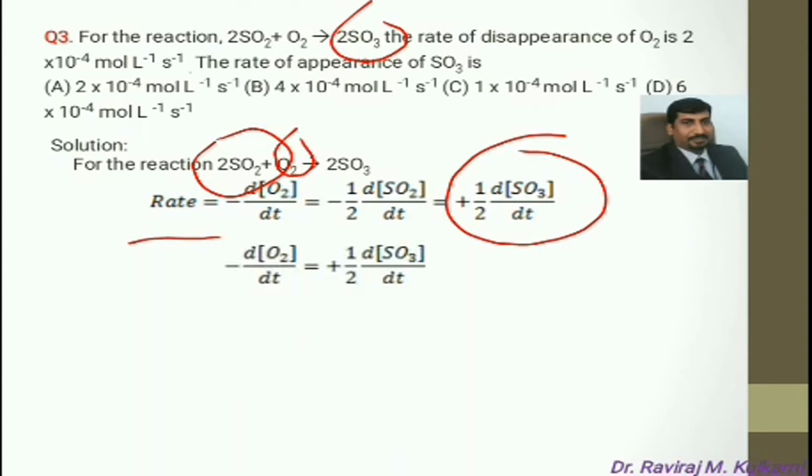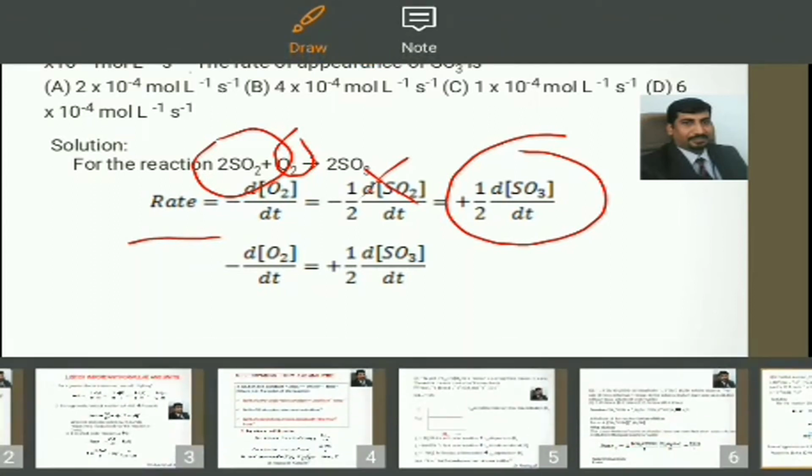So minus dO2 by dt is equal to what? Ignore the SO2 term, they just want the relationship here. They have given only the oxygen disappearance rate. So minus dO2 by dt is equal to plus 1 by 2 dSO3 by dt.